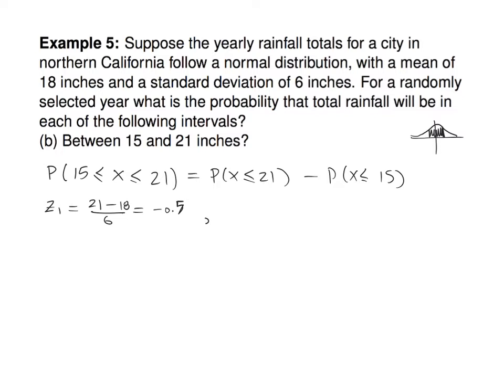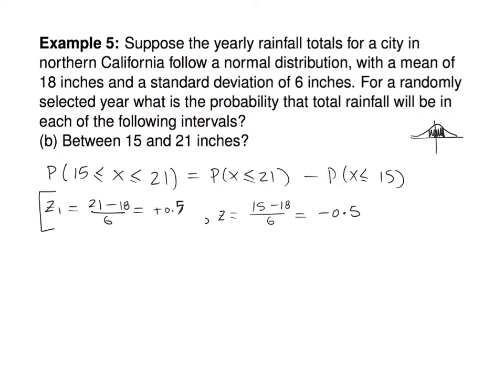Okay. And yeah, I was just testing you. And the other z is negative 0.5. It's 15 minus 18 over 6, which is negative 0.5, right? I just did it another way on my notes is all.